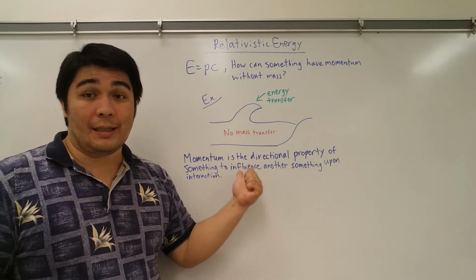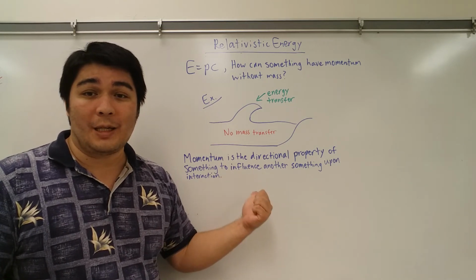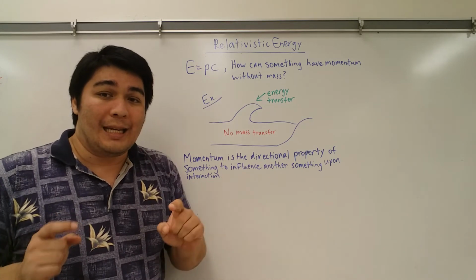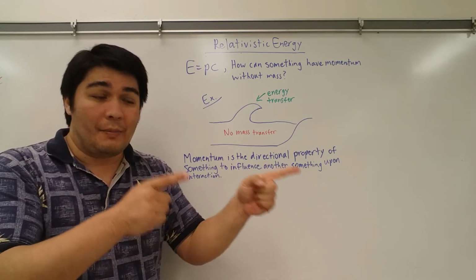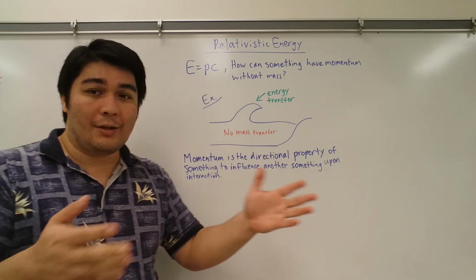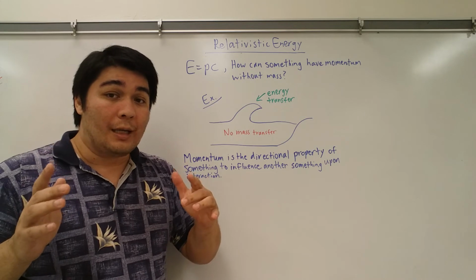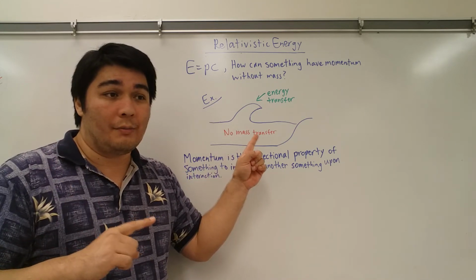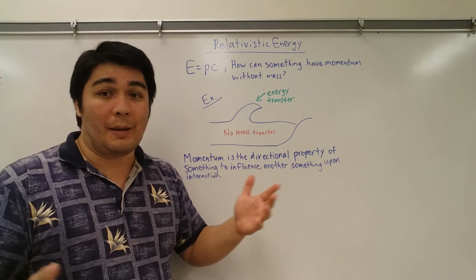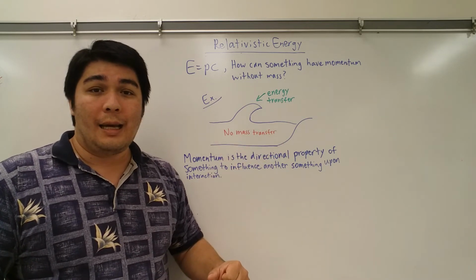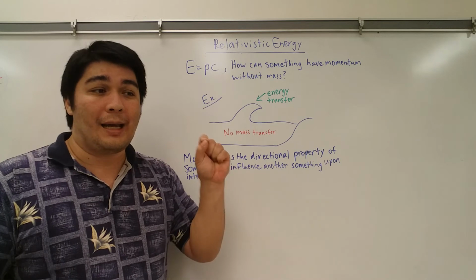what's happening is that this actually does describe what momentum is, because momentum is a directional property where something can influence something else once there's an interaction between them. So if you've got a photon, it could interact with something else, maybe another photon, maybe a particle of water on the ocean like this, and there will be an interaction.